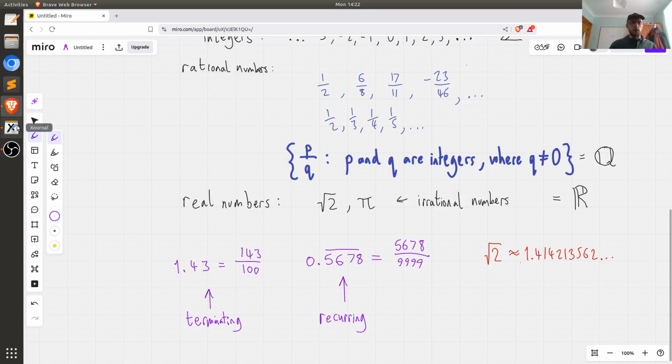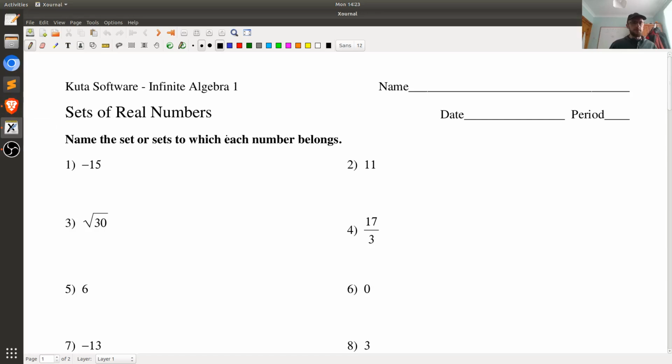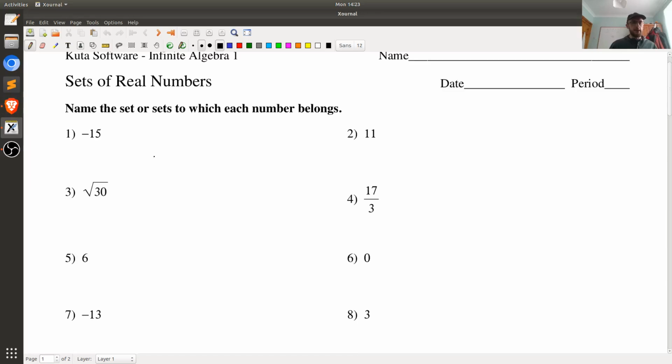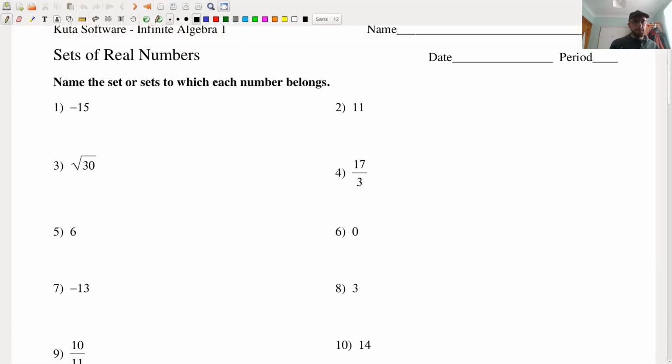And now we're going to solve these problems. Okay. Negative 15. What set does that belong to? Well, negative 15 is an integer. So we could write Z like that.